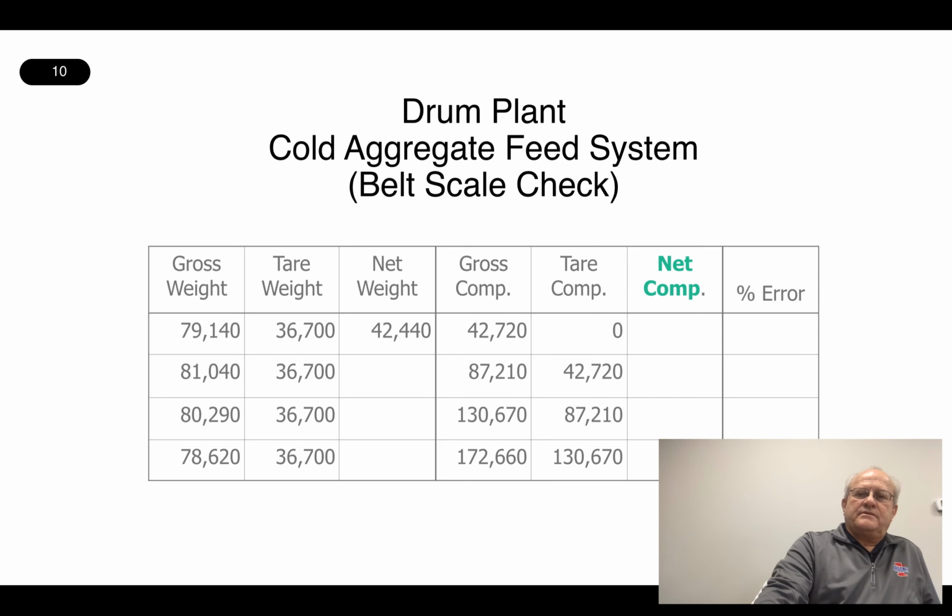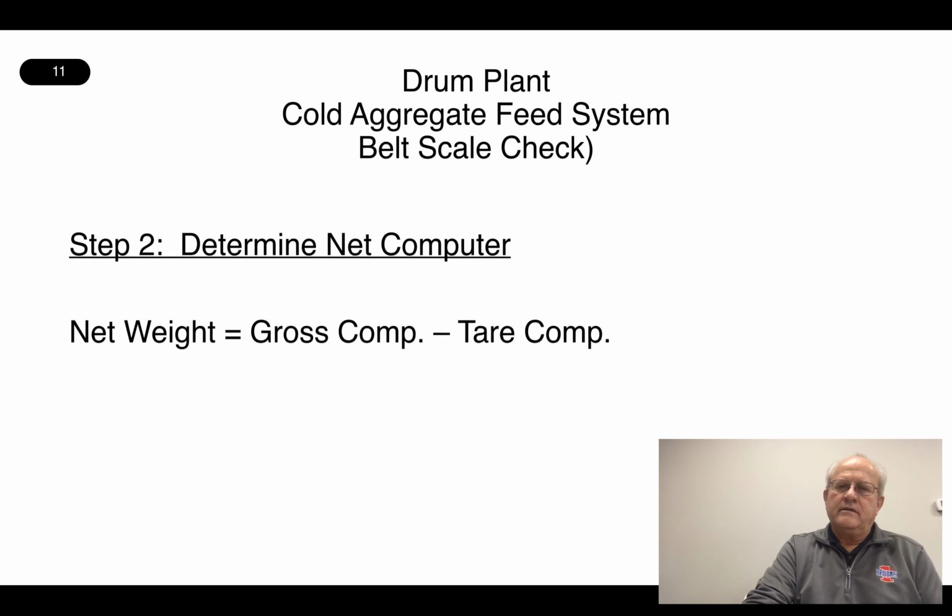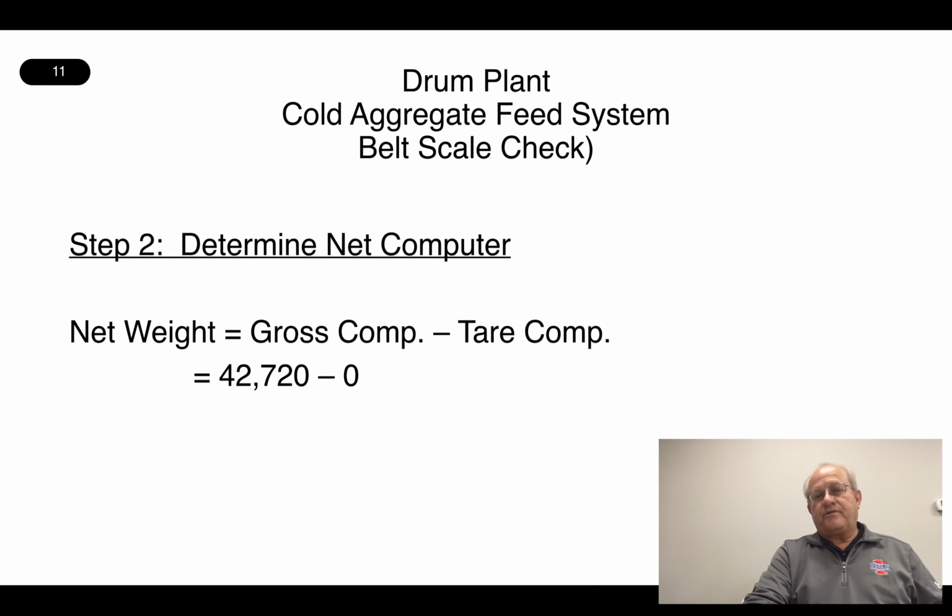The computer came up with 42,720 pounds. So the next calculation, in determining your error, you'll always take the net computer, what the computer thinks it put into the truck up the conveyor. In this particular example, the computer thought it put 42,720 pounds into the truck.